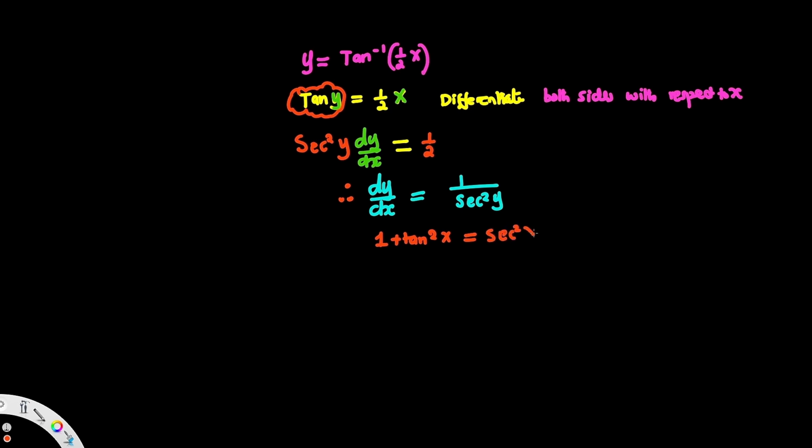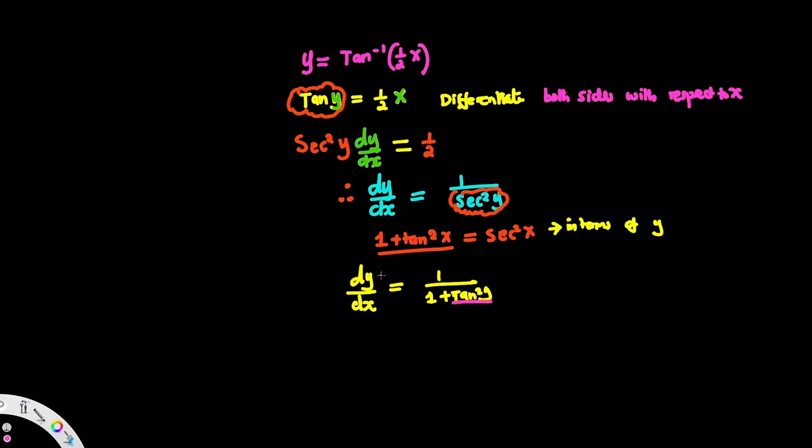But remember, 1 plus tan squared x equals sec squared x. So this part we can replace with 1 plus tan squared, but now in terms of y, so dy/dx is going to be equal to 1 over 1 plus tan squared y.